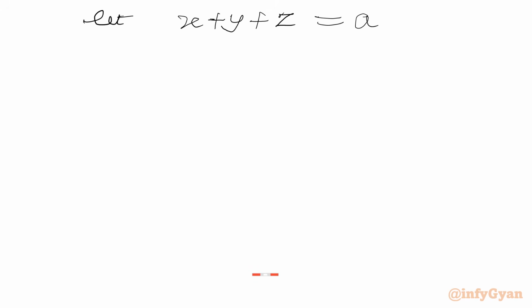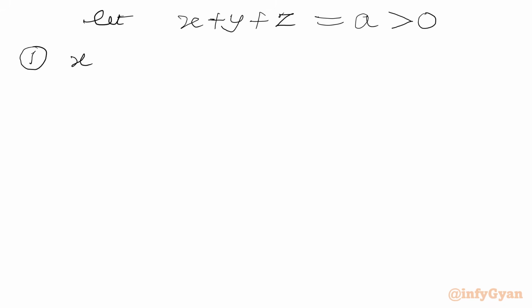So let us assume x plus y plus z equal to a. Since x, y, z are positive numbers, a must be positive. The sum of three positive numbers must be greater than 0. Now we are going to use two algebraic identities.